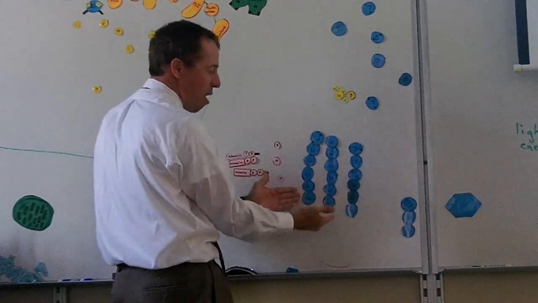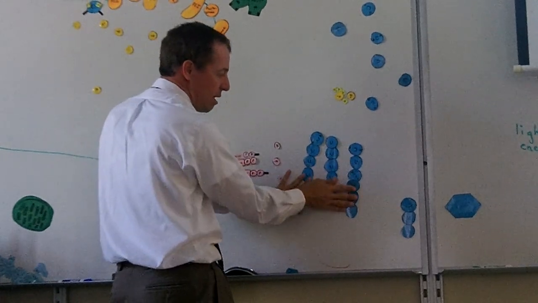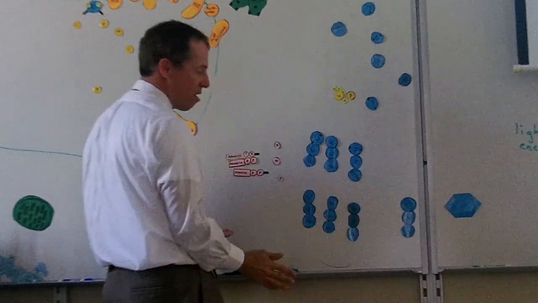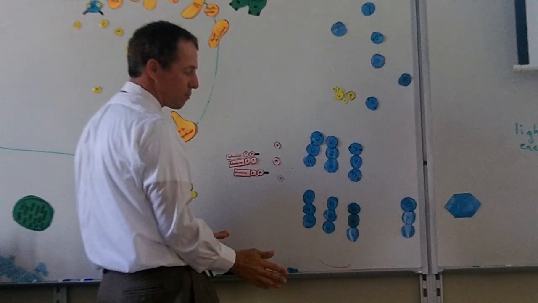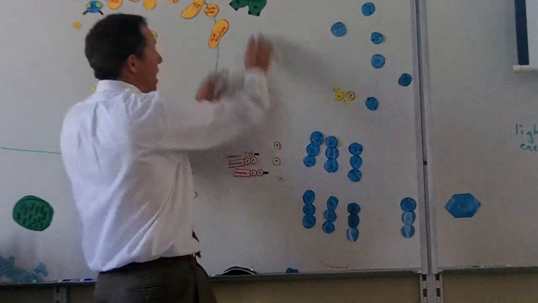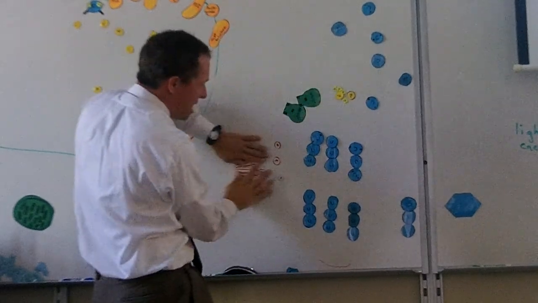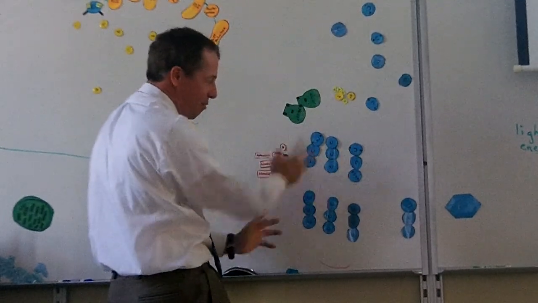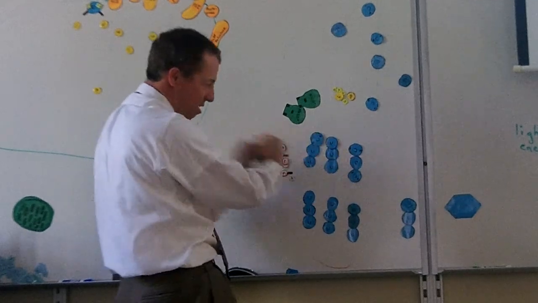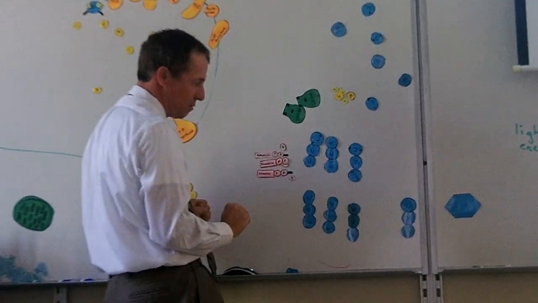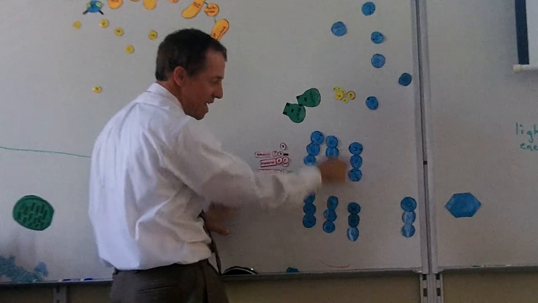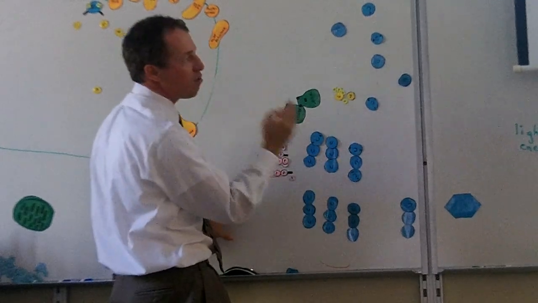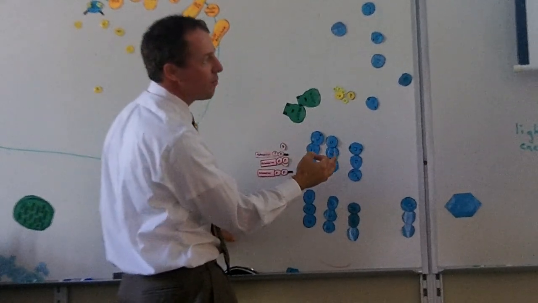Now we have these 6 carbon molecules that break down into 3 carbon molecules. NADPH and ATP change them around a bit by giving them energy and electrons. They're now called G3P molecules.